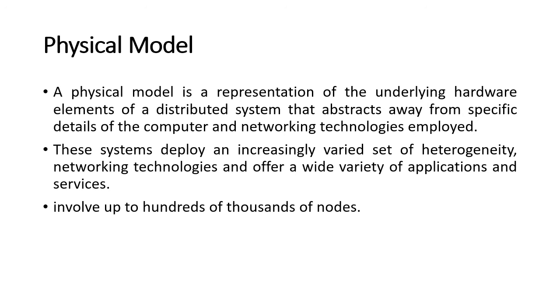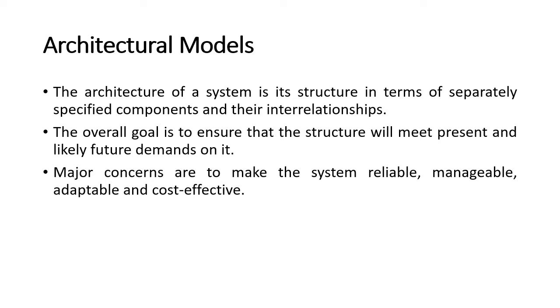So, architectural model. The architectural model of a system is its structure in terms of separately specified components and their interrelationships. Each component separately, and whatever interrelationships they hold, is specified by the architectural model.